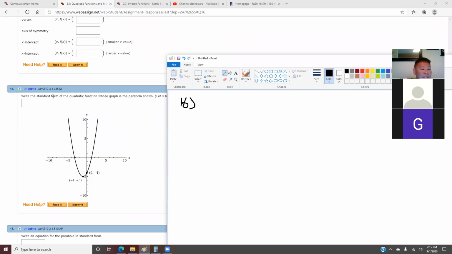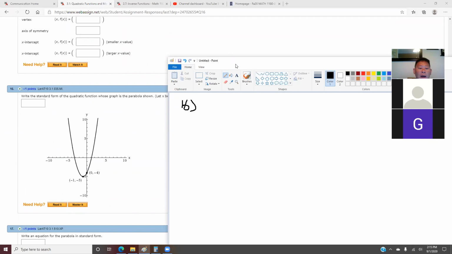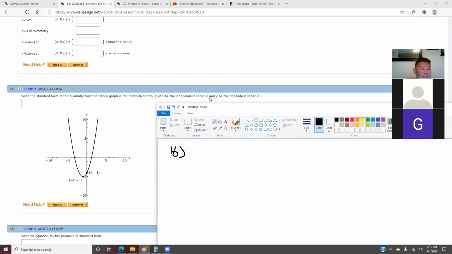So the question wants us to give the standard form of this parabola. Again, they use x and y here. The standard form of a parabola is y equals a times (x minus h) squared plus k. You just need to figure out your a, your h, and your k, and then plug them in.